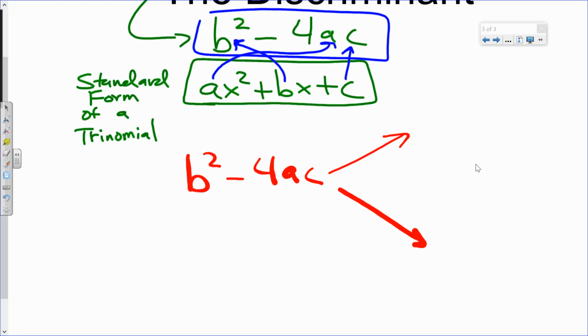If we do b squared minus 4ac and we substitute b with whatever b is and a with whatever a is and c with whatever c is, there's two things that can happen. There's two directions. Either it results in a perfect square or a non-perfect square.